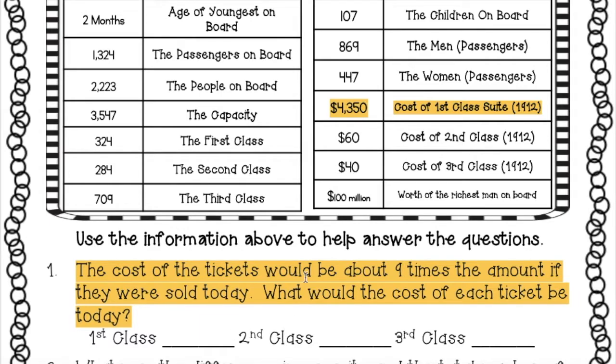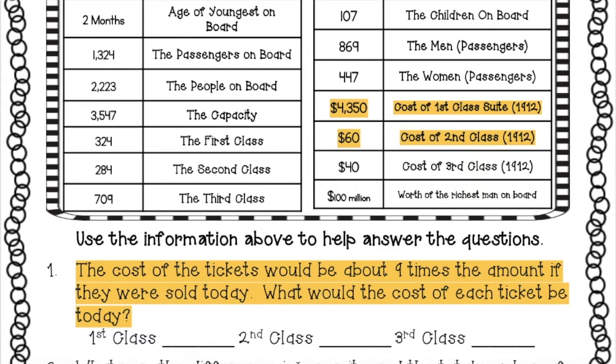Now we're going to do the same thing for second class. Second class cost $60 back in 1912. Well, if we were going to figure this out for today, we would also have to multiply it by 9. So our equation to figure out how much a second class ticket would cost today would be 60 times 9.